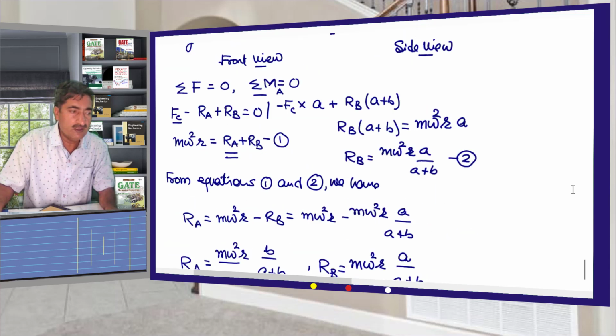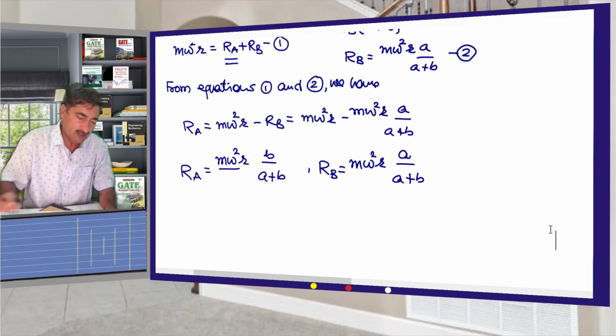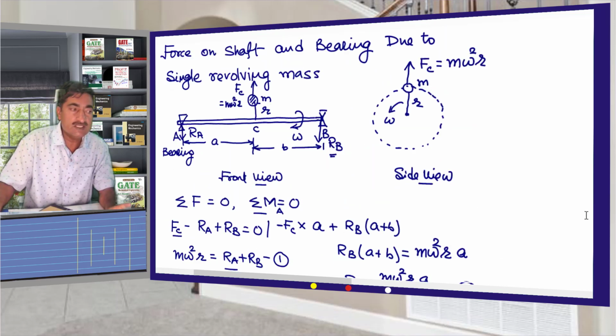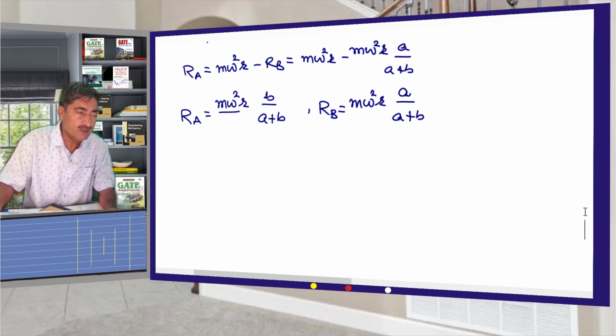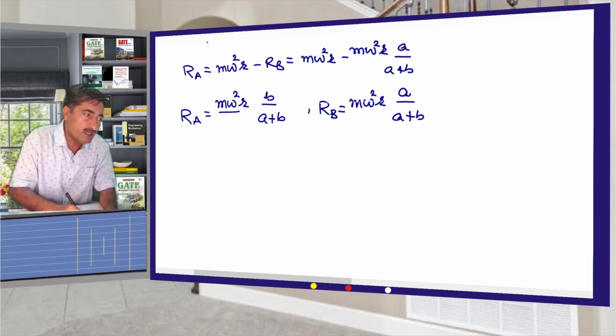These reactions are due to the unbalanced mass m, which is rotating with the shaft at angular velocity omega. Now our main objective is to balance it.